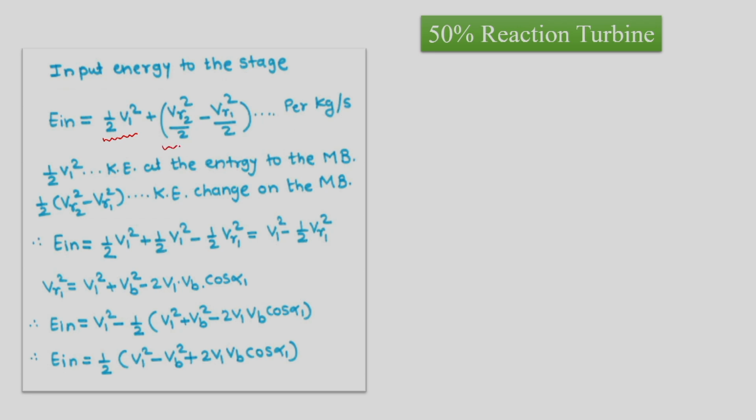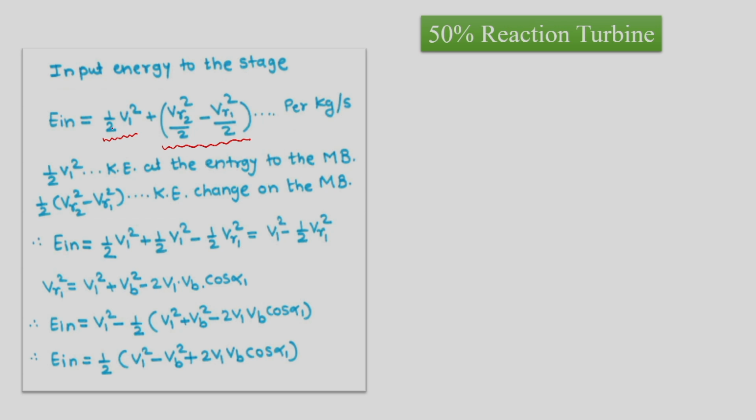But this is the kinetic energy which got generated, the increase in kinetic energy on the moving blades at the expense of decrease in enthalpy on the moving blades. So there are two kinetic energies which should be summed to get the total energy received by the moving blade to do the work.